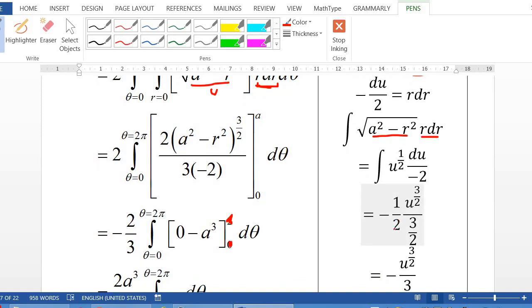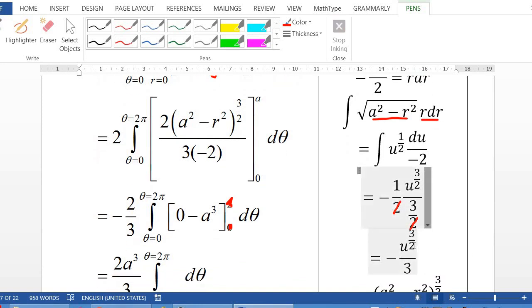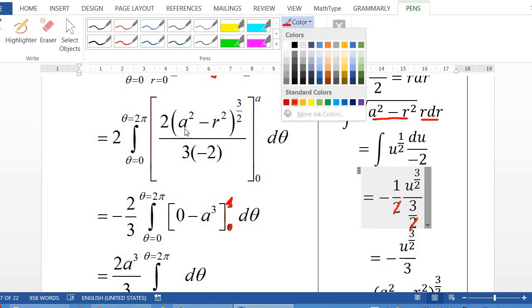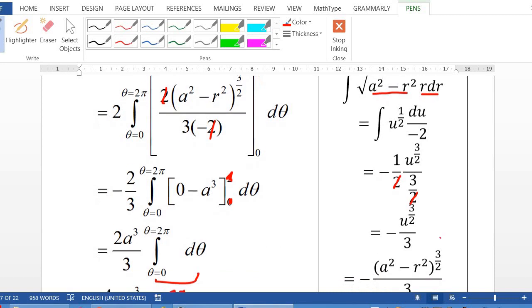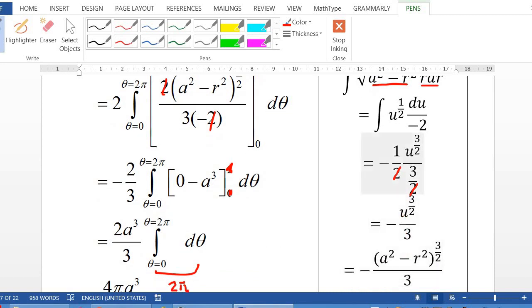Simplify it, the 2 and 2 cancel. You get negative u to the power 3 over 2 over 3. This is a shortcut. You get the result negative 1/3 times a squared minus r squared to the power 3 over 2, replacing back the u.